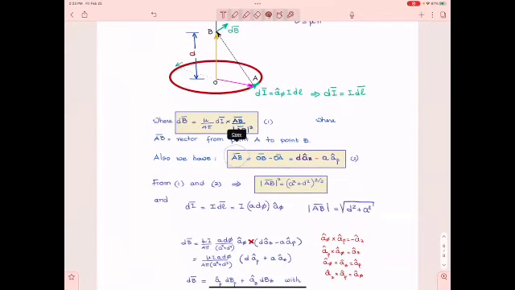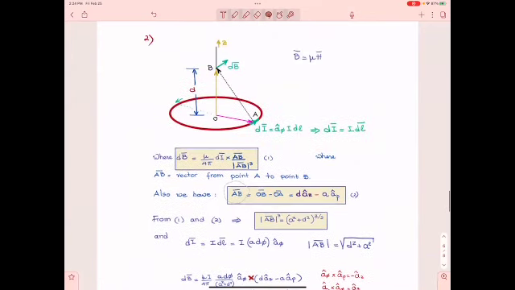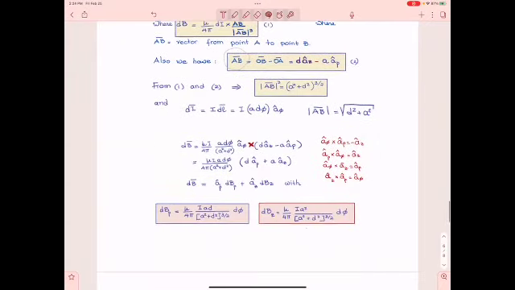You write these expressions, plug in, and you will see they are very simple expressions. Each segment of current creates a magnetic field that has two components. One component is along the z direction, and the other component is along the radial direction. All right, that's what you find.